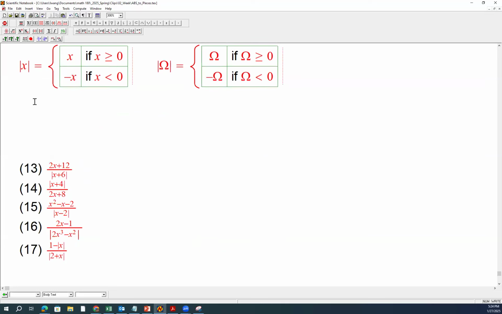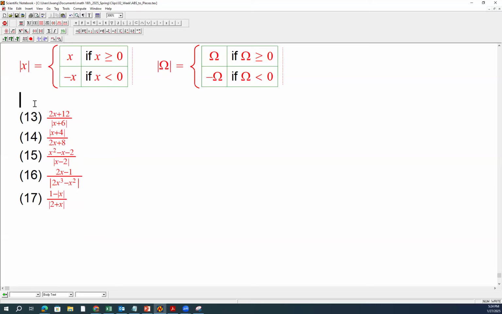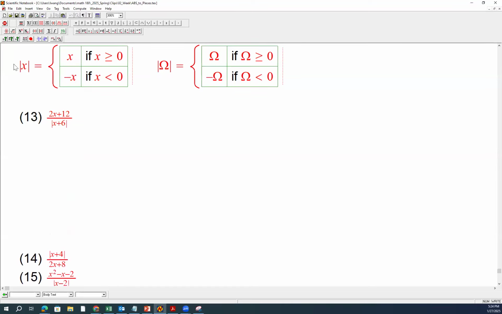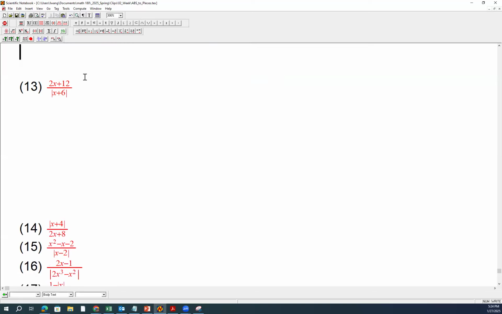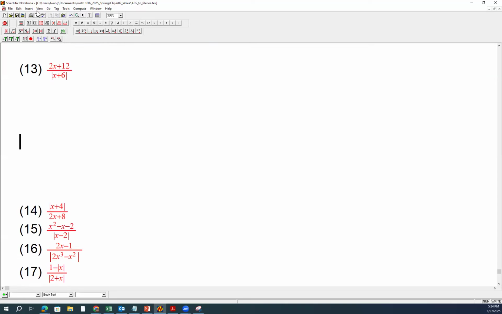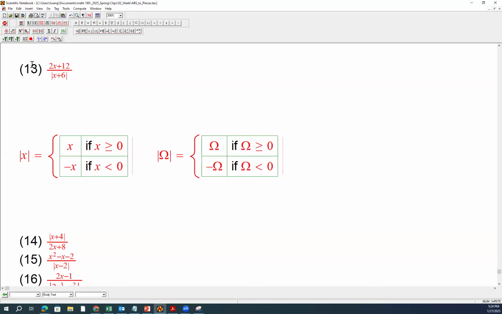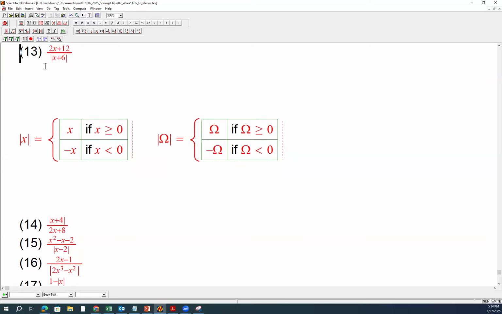Okay, the question gets a little bit harder, indeed. So let's see what we are going to do about number 13. As you can see, we have the absolute value of x plus 6.